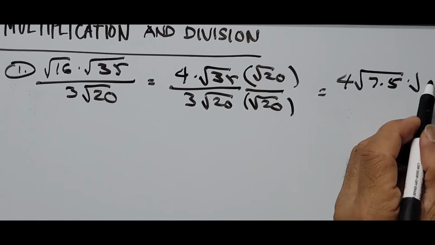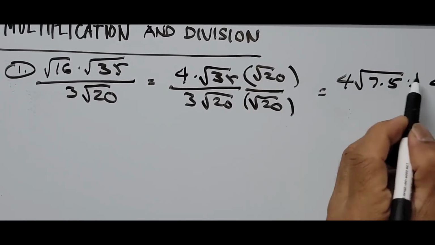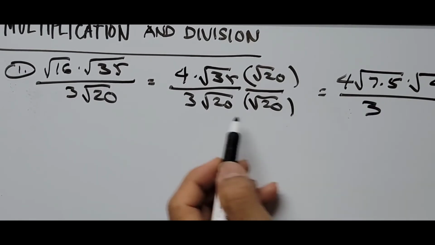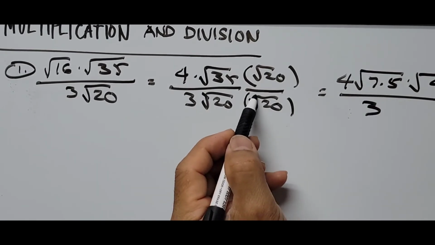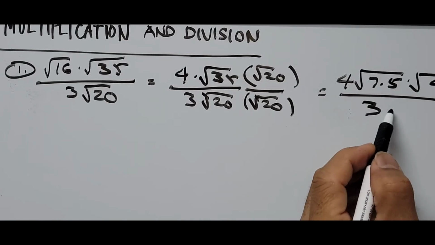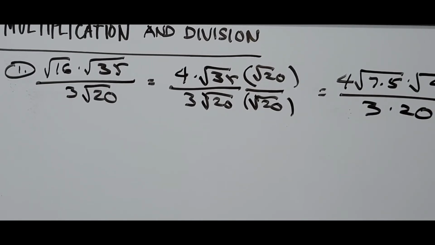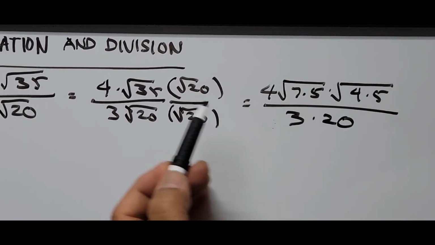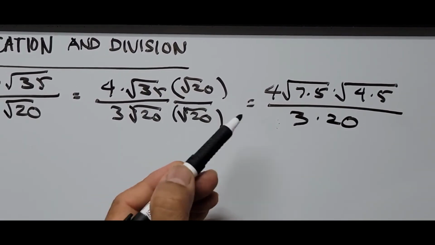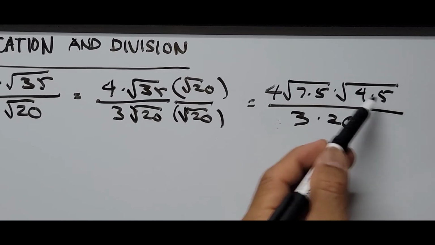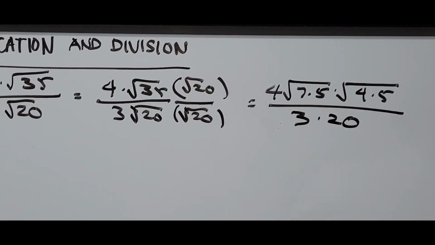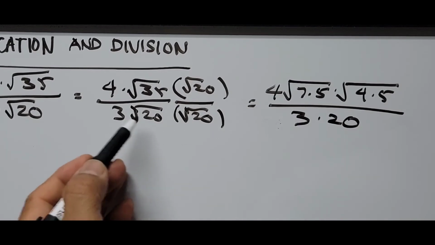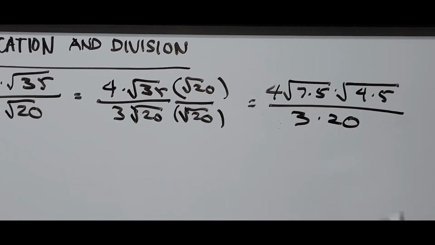Let's do 5 times 4. 4 times 5, same way, divided by 3 times, getting rid of that radical sign, that's 3 times 20. So this now becomes the square root of 20 is 4 times 5. And the denominator becomes 3 times just 20 itself, cancelling the radical sign.